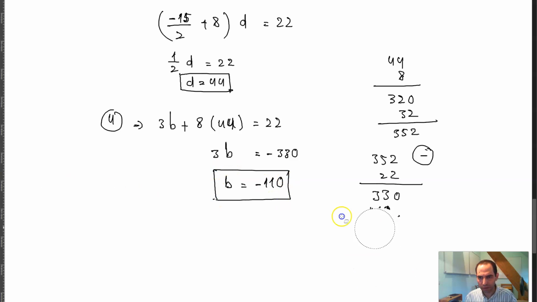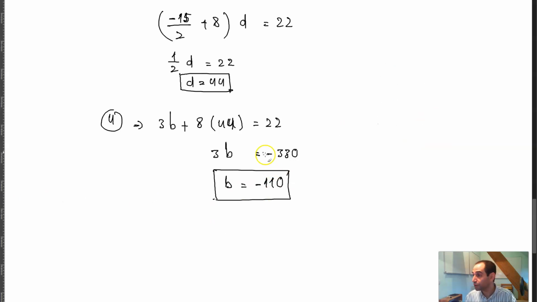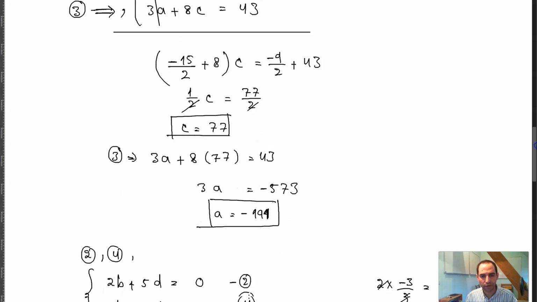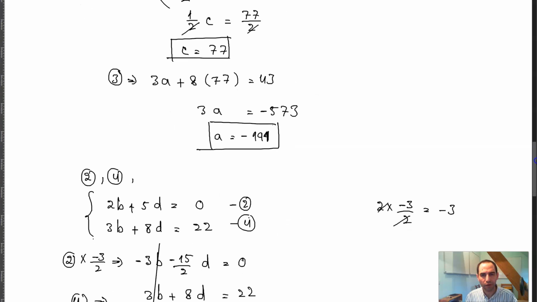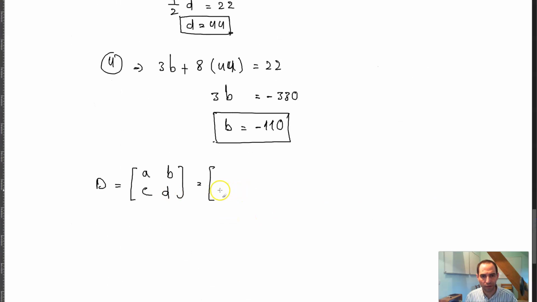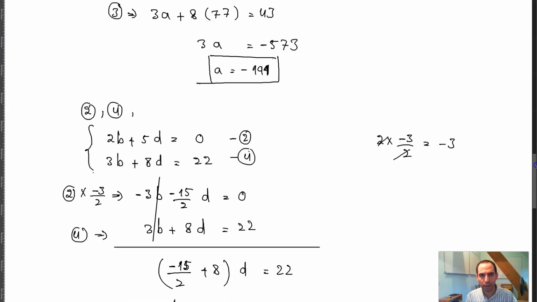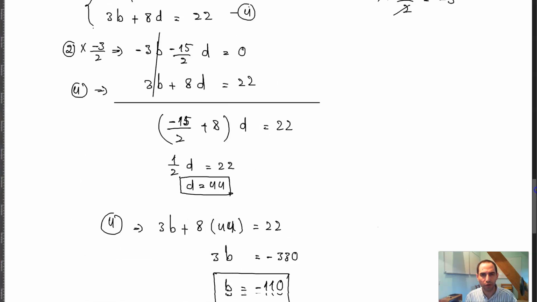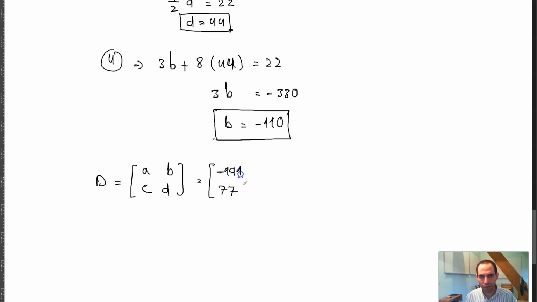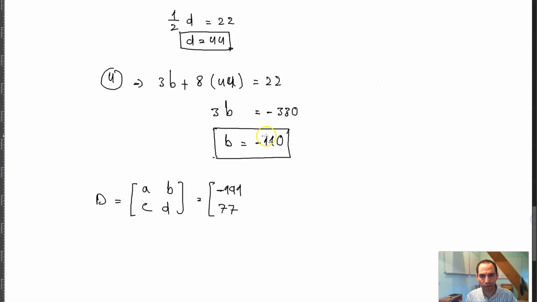And based on all of this, you can say that basically the matrix that we had, which we called A, B, C, D, is equal to: A is negative 191, C is 77, B is negative 110, and D is 44.